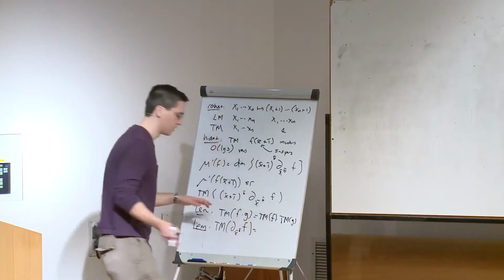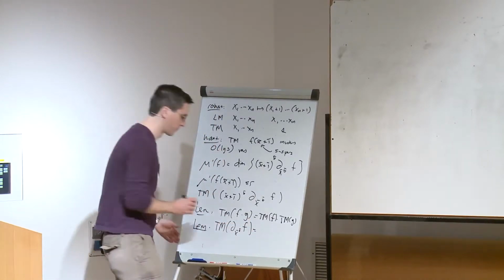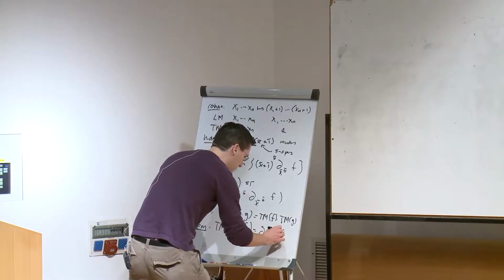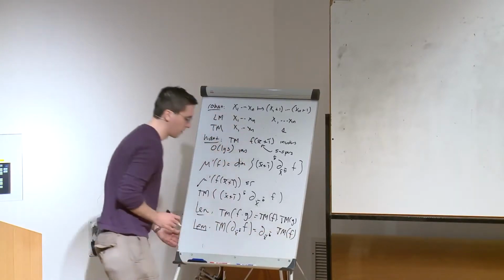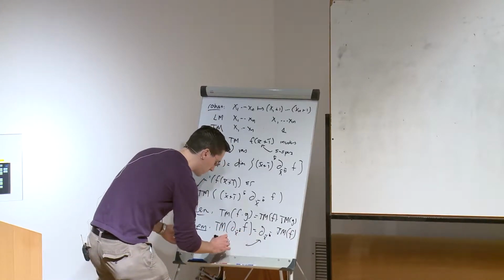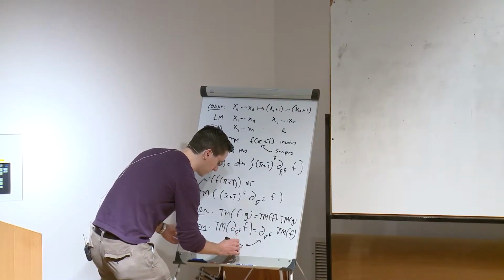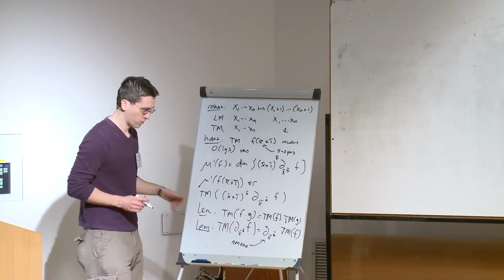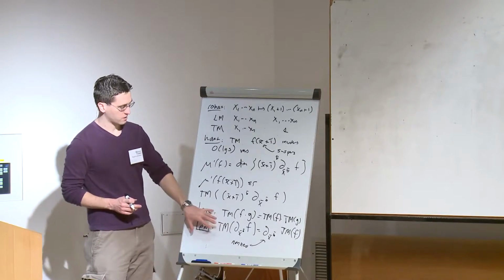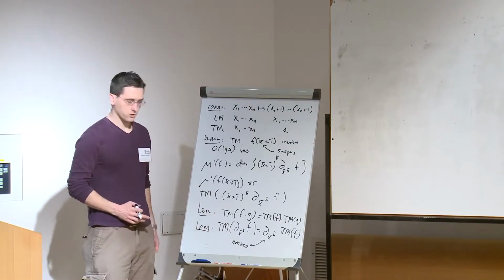You can basically interchange the order of operations. This is equal to the derivative of the trailing monomial of f, most of the time. This is true only if this derivative is non-zero. Okay, so I won't prove that for you, but it's something you can see. Okay, so these are two lemmas about interchanging operations with trailing monomials.